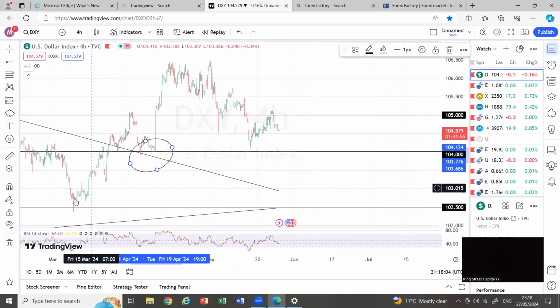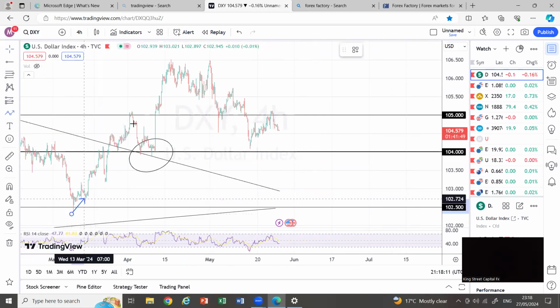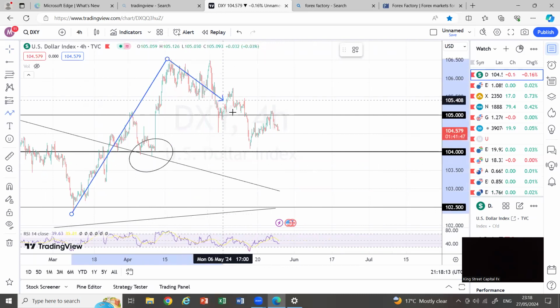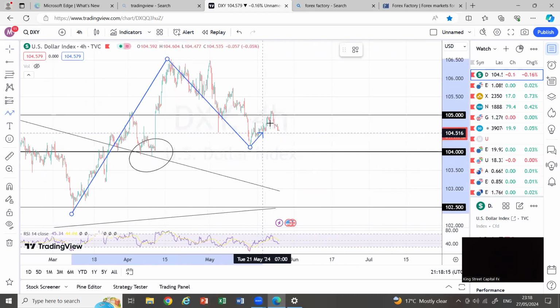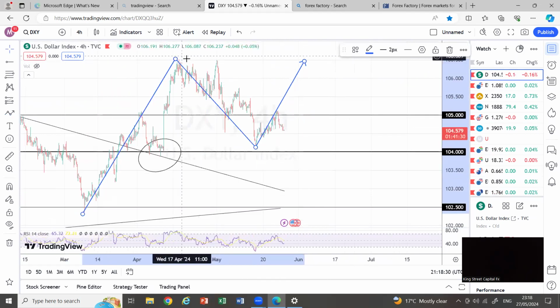We have seen price giving us a nice push, which could also be a flag pattern. If we take a scenario of push, retest, and might see a continuation push to the upside, looking at price levels of 105,500, 106, 106,500 to give us an equal high and seeing if we will be breaking this high.